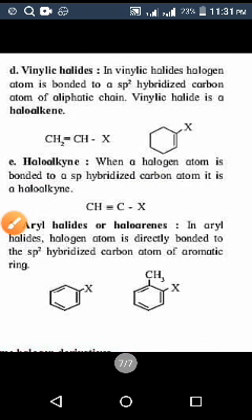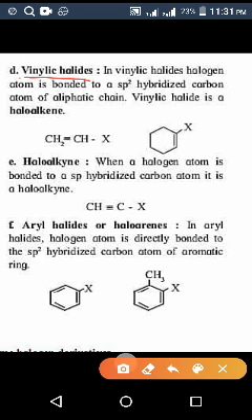Next classification is vinylic halide. What is meant by vinylic halide? In vinylic halide, the halogen atom is bonded to an sp2 hybridized carbon atom of an aliphatic chain. See, this halogen is bonded to an sp2 hybridized carbon atom. This is another example of vinylic halide.